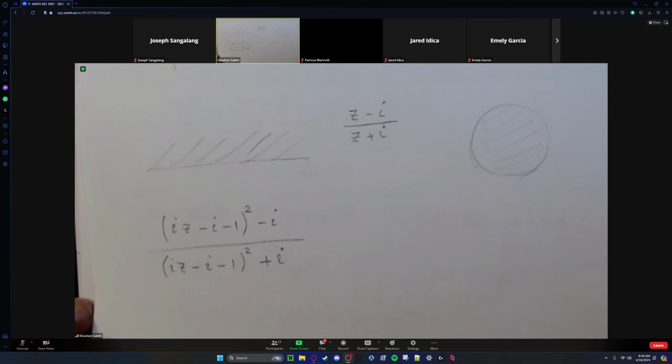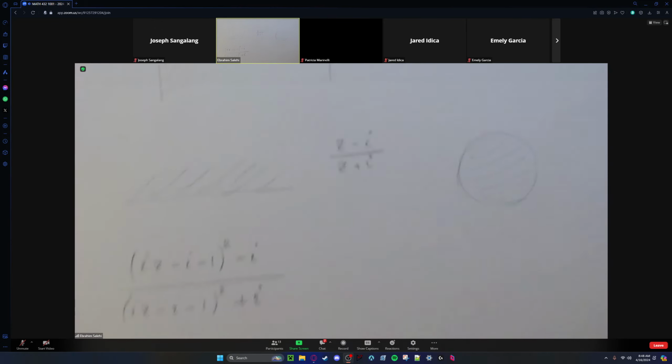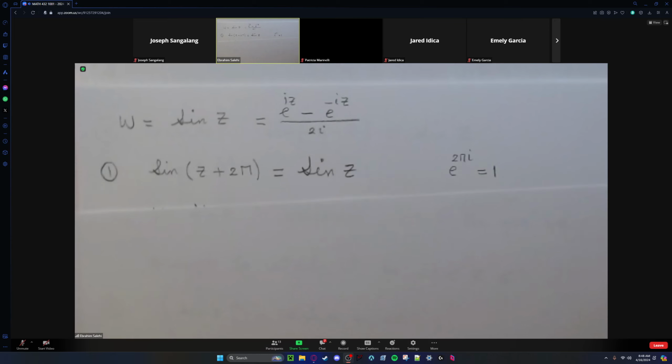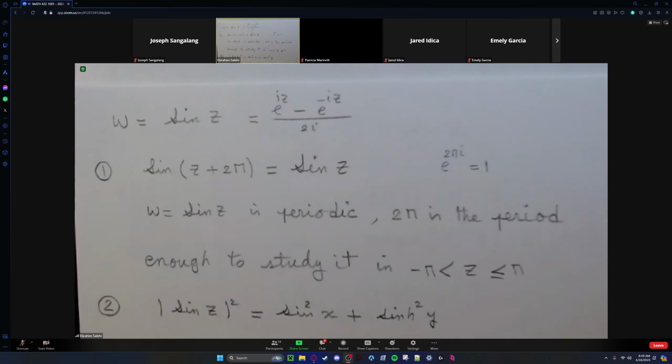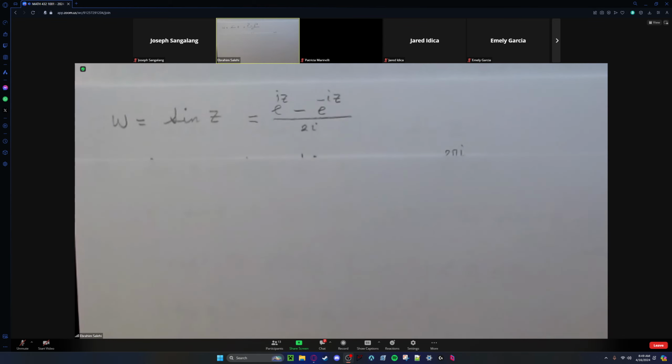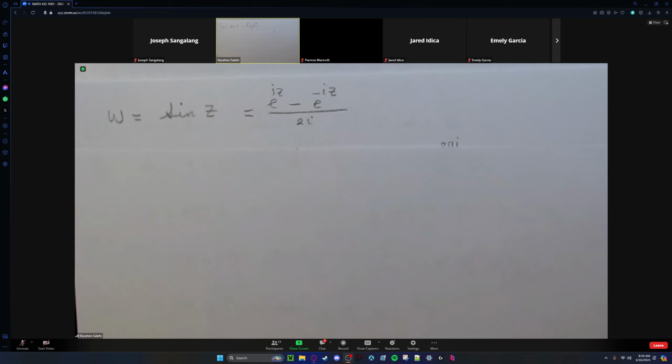Well, the next function that I am going to discuss is sine z. It's another very interesting function. When you look at calculus, the graph of sine x is pretty simple, right?